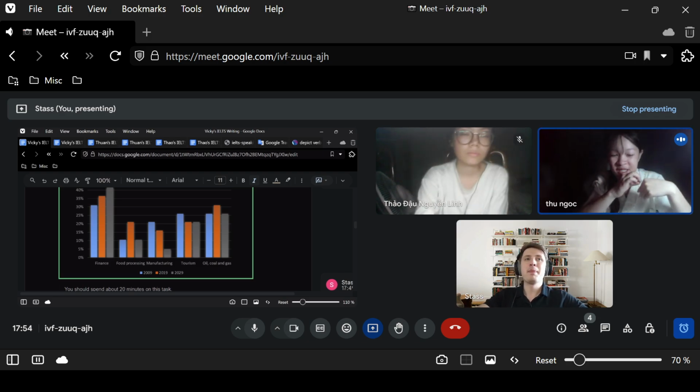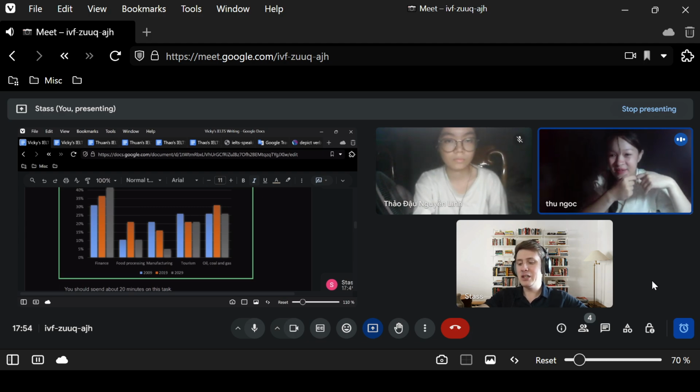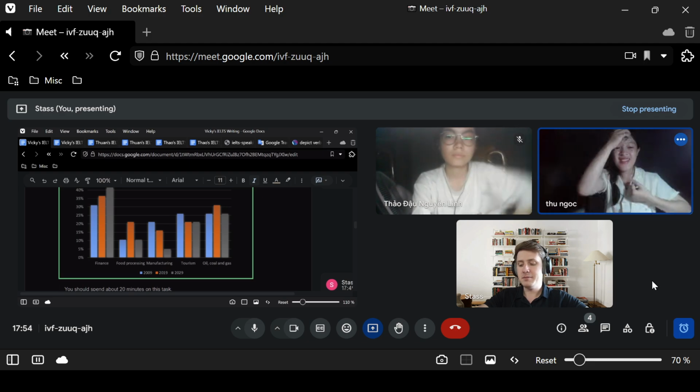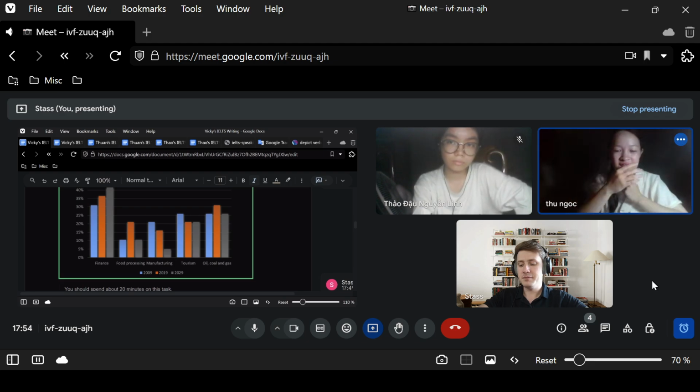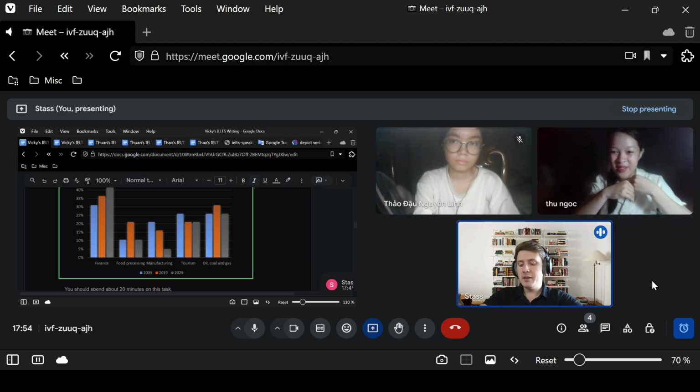It should include all the sectors, all the data. Just include all the data.